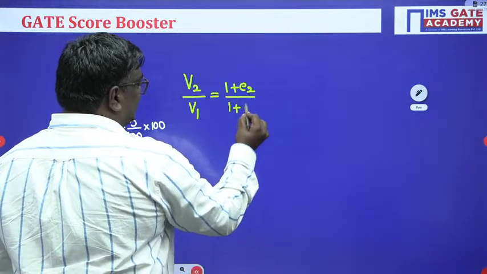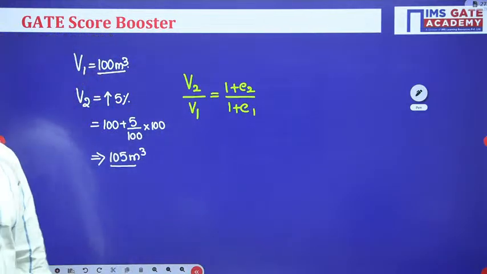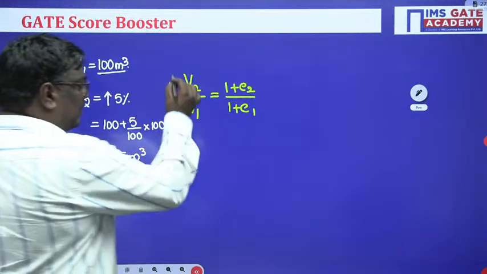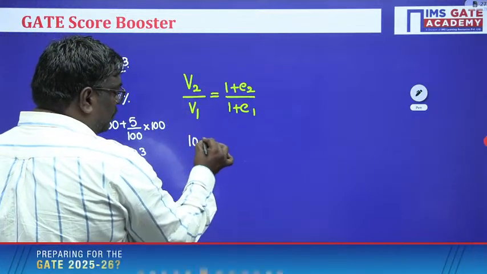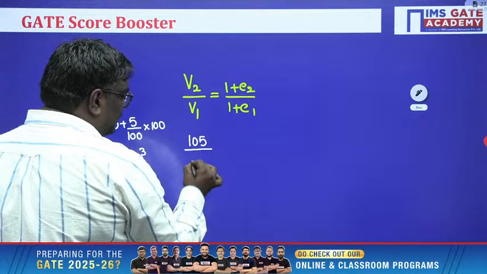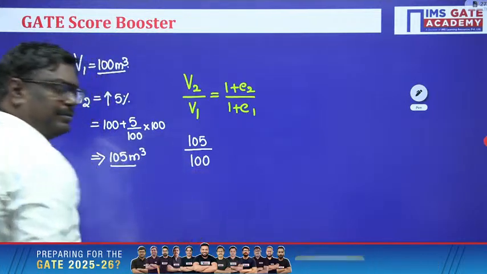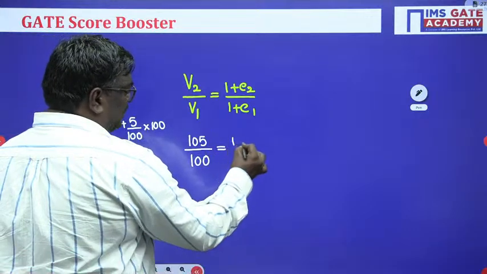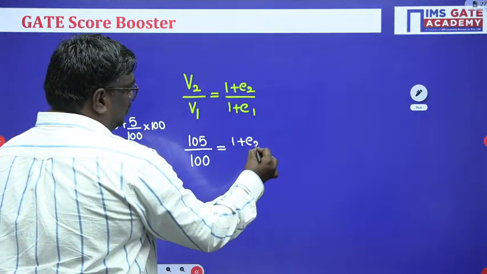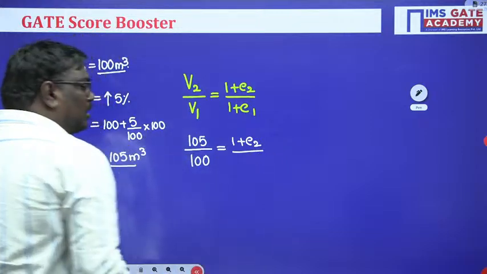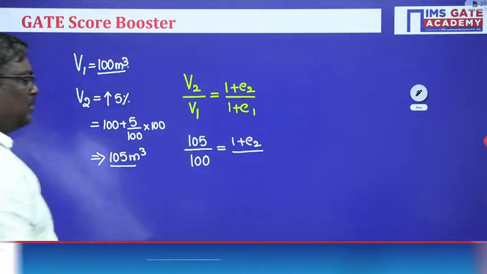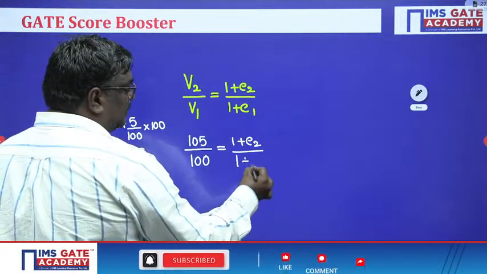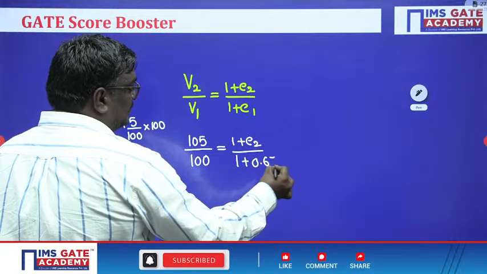Now for this volume, what should be the void ratio? You should calculate. What is V2, sir? 105. What is V1, my dear students? 100. Am I correct or wrong? So what is E2? I don't know. 1 plus E2, we don't know. And what is E1, sir? 1 plus 0.67.